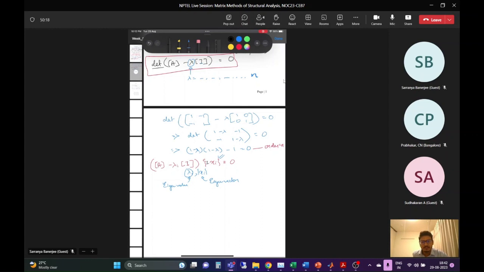So this equation still holds because the right hand side is 0. This equation still holds, right?